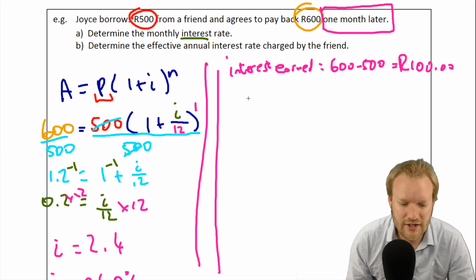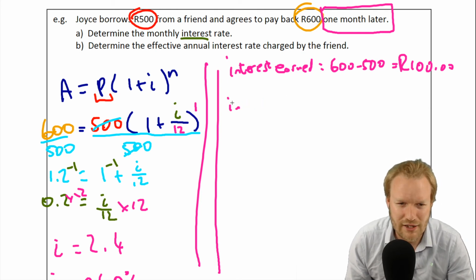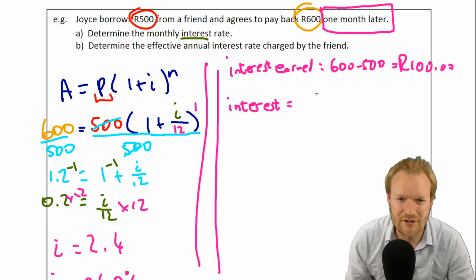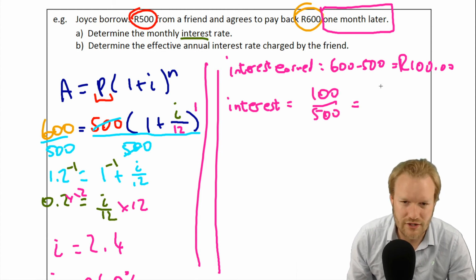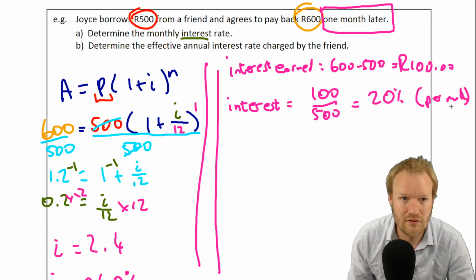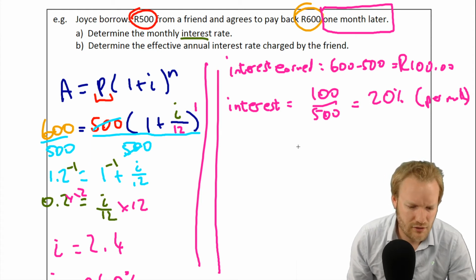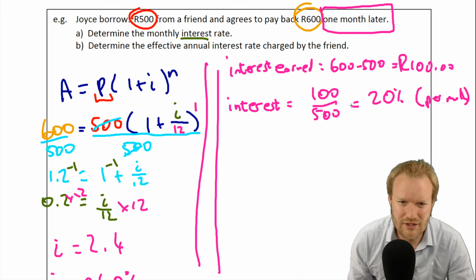So our interest is 100 Rand over the initial 500 Rand, which gives us 20% per month. So that's one way of doing it.